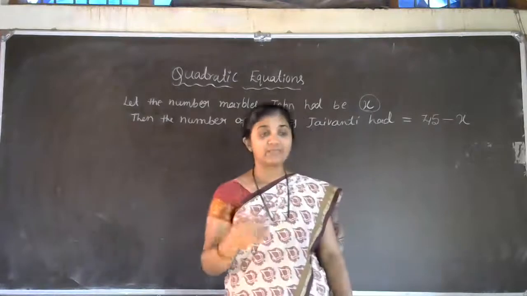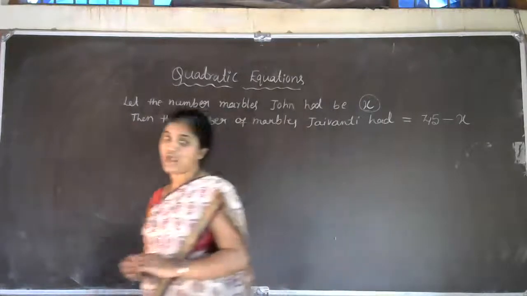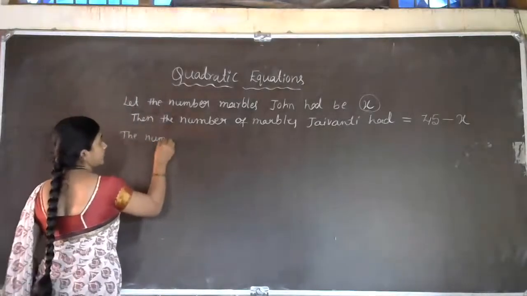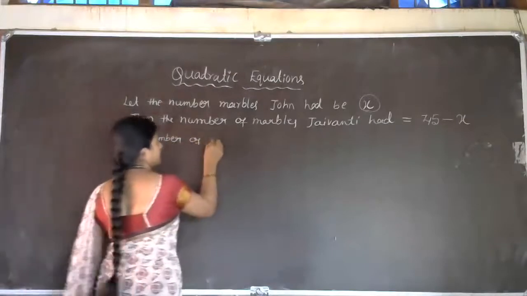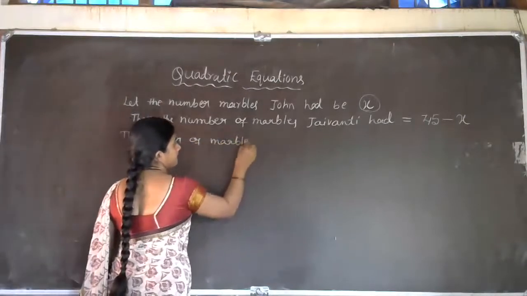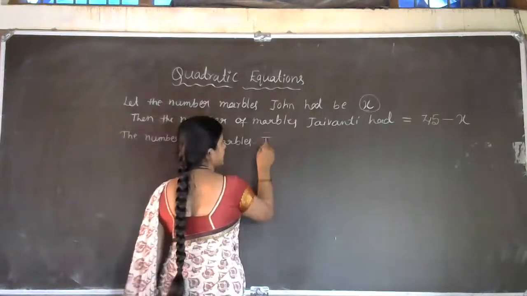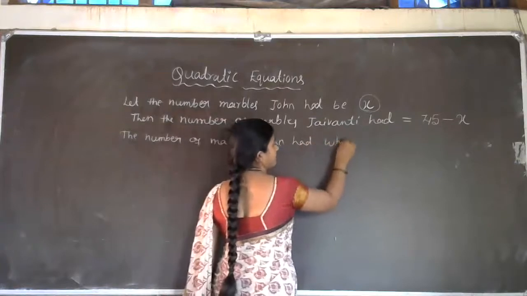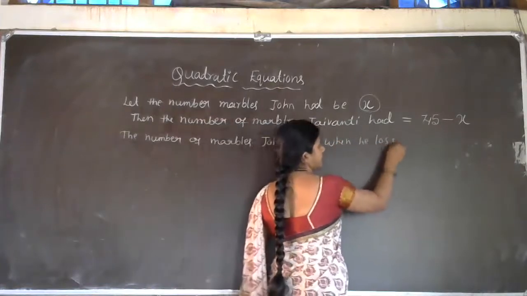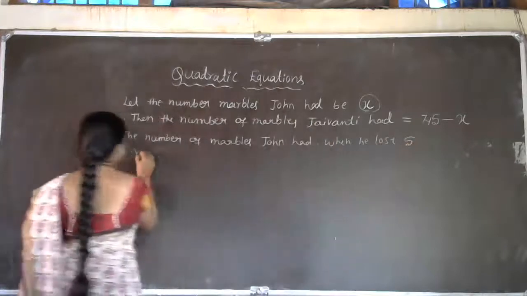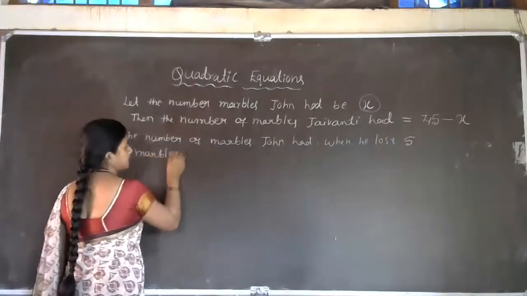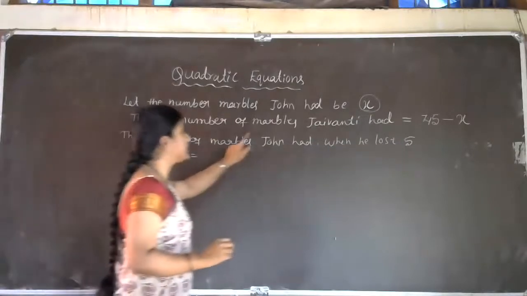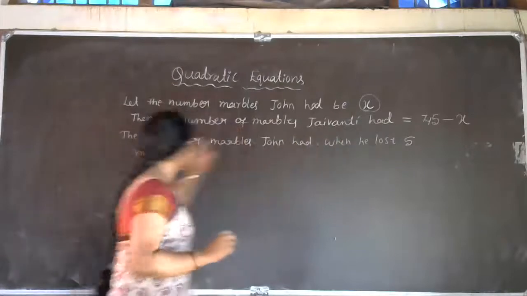The number of marbles left with John when he lost 5 marbles is equal to, see the same statement, the number of marbles John had when he lost 5 marbles.